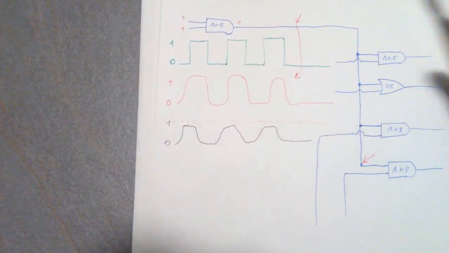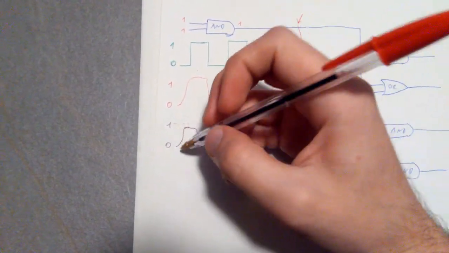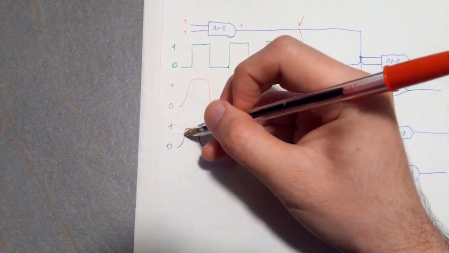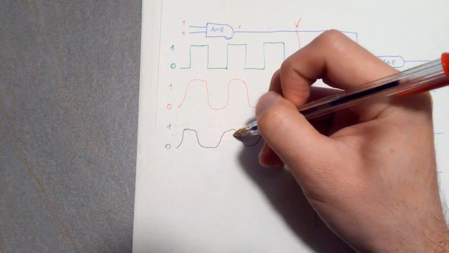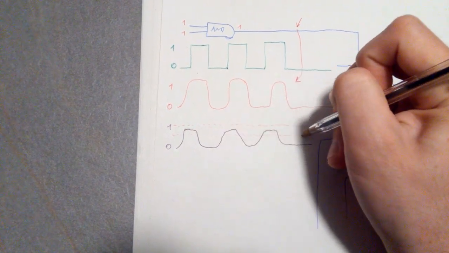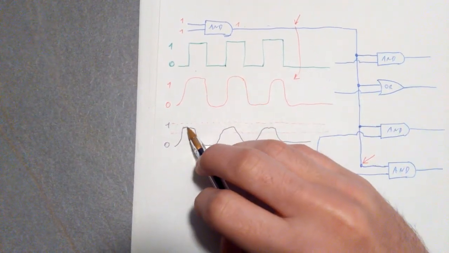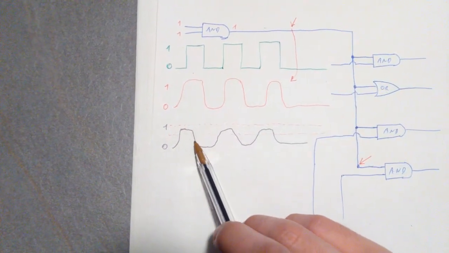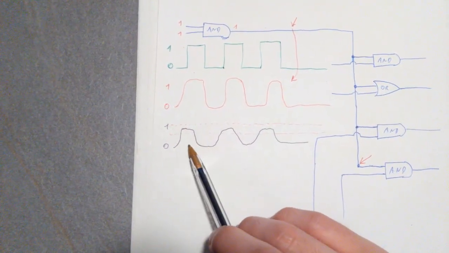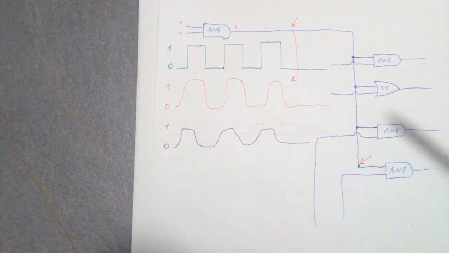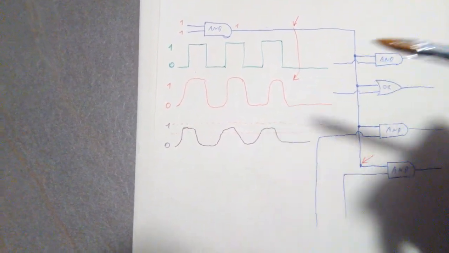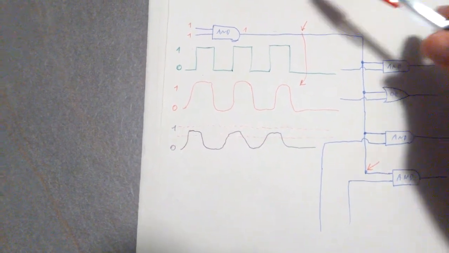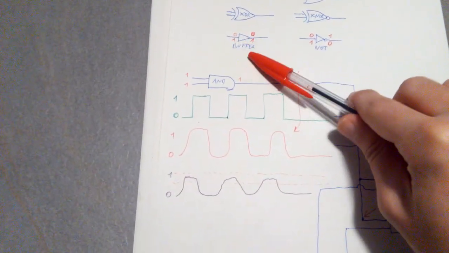Well, what we do in real life is basically saying, okay, if it's above this threshold, I'm going to consider it as 1, so high voltage. If it's below this threshold, then I'm going to consider it as a 0, as a low voltage. But that's a poor approach anyway. So what will we do? Well, we use a buffer.